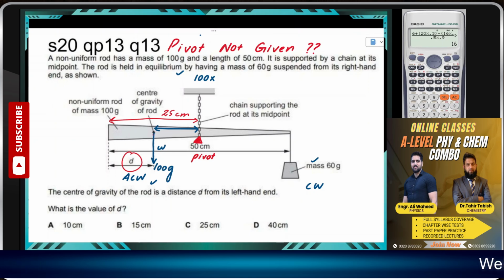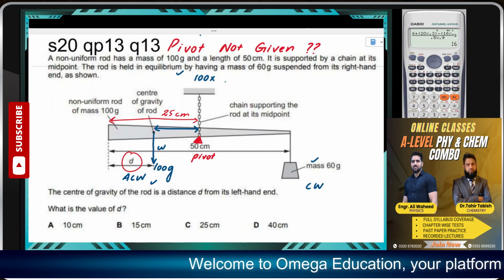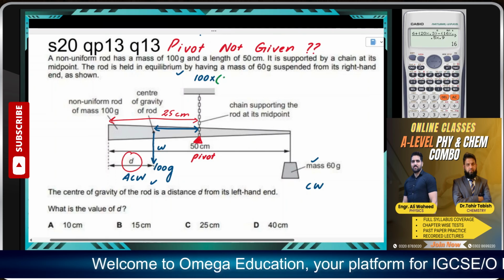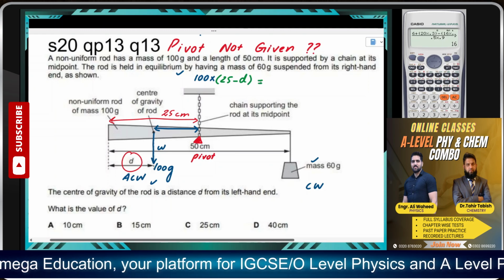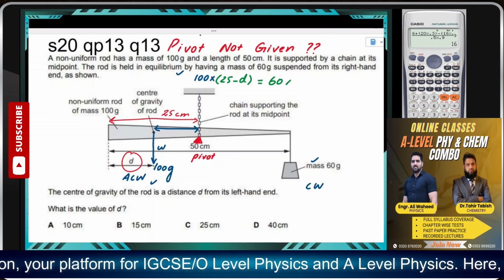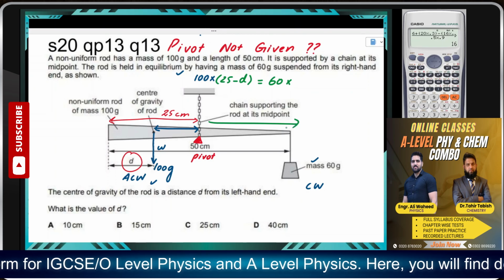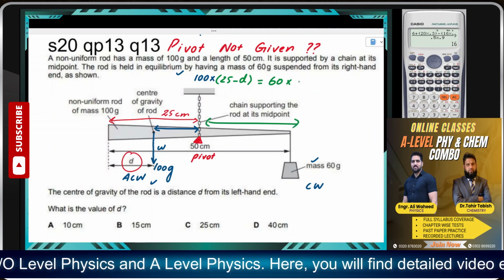Then what is this distance? It should be 25 minus d, equals 60 times the perpendicular distance from the pivot for that mass, which is 25.